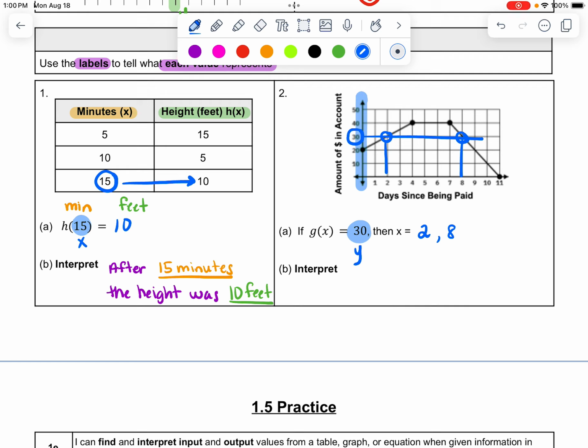Now I'm going to interpret. Based on the labels, the x's represent the days since being paid. So I'm going to label that x is the days since being paid. And the y corresponds to the amount of money in your account.